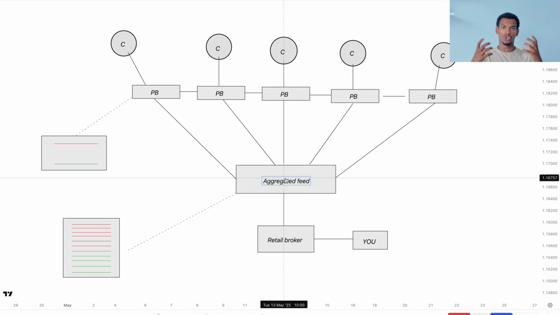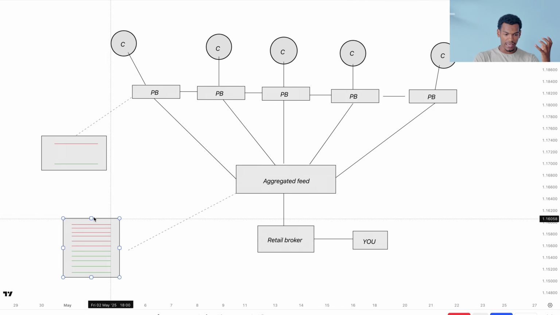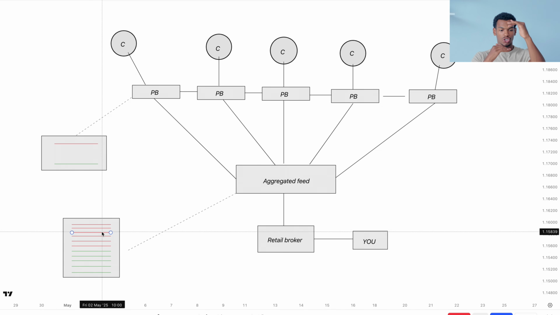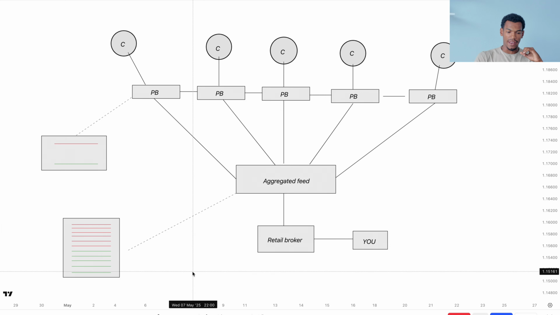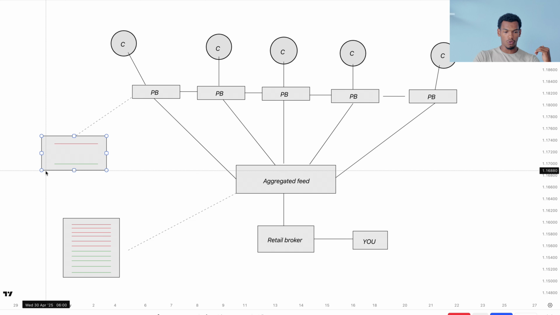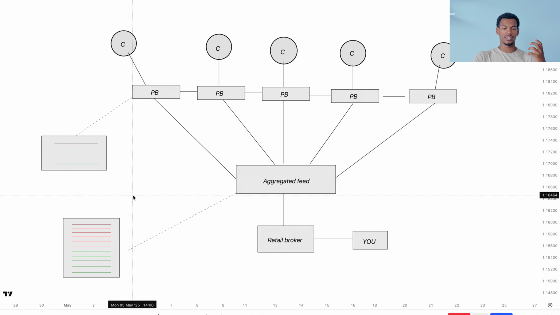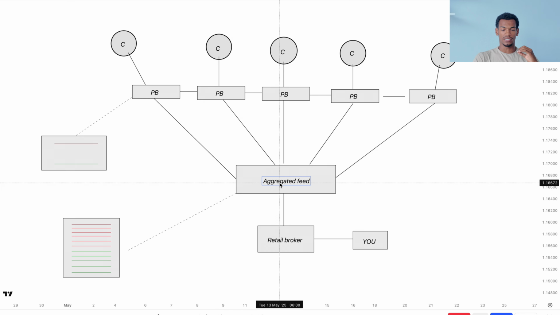There'll be multiple due to the fragmented nature of FX, and these feeds will aggregate those prices into a structured book, and that creates a depth of liquidity. Instead of just having this one quote right here, you now get competitive pricing where you're going to get better bids and better offers. So that's what that aggregated feed does, and it allows the client to access a deeper pool of liquidity.